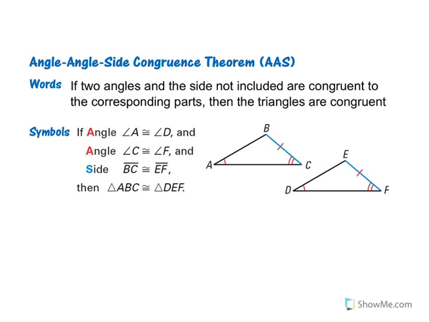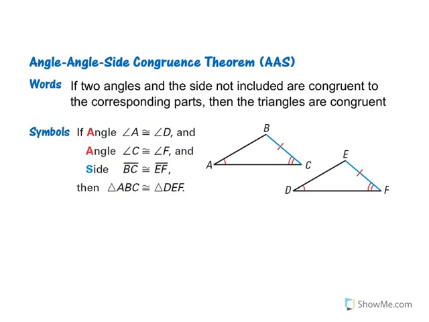Now our next one is the angle-angle-side congruence theorem, AAS for short. If two angles and a side that is not included are congruent to the corresponding parts, then the triangles are congruent. This one can get very confused with the one that we just looked at, angle-side-angle.